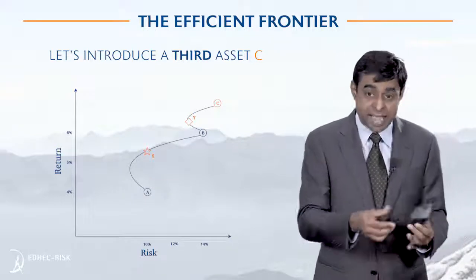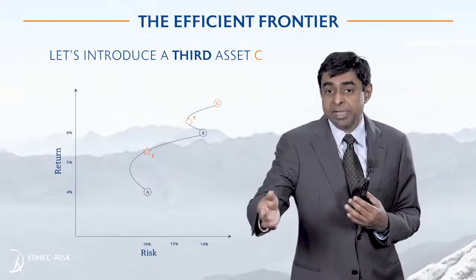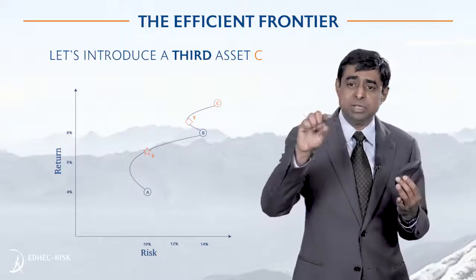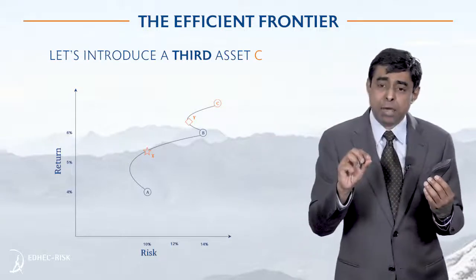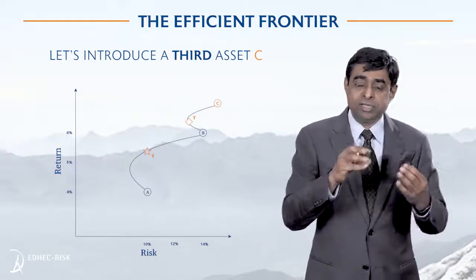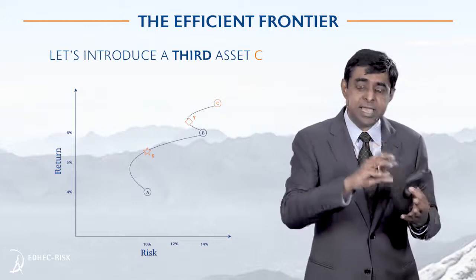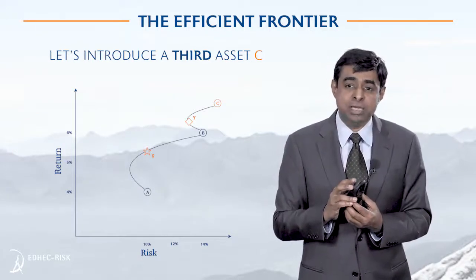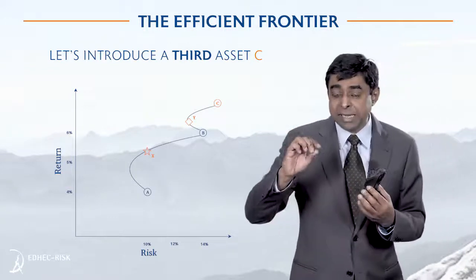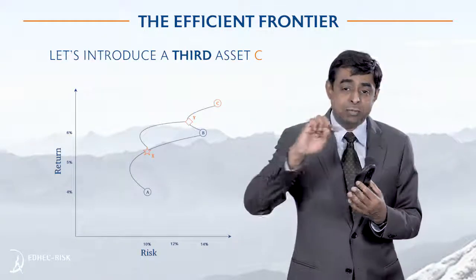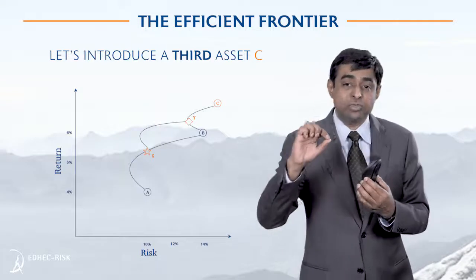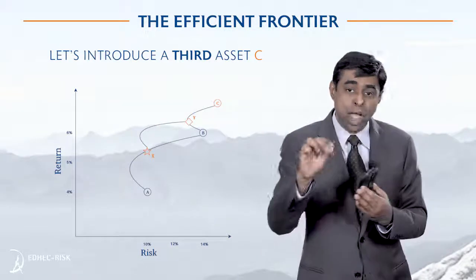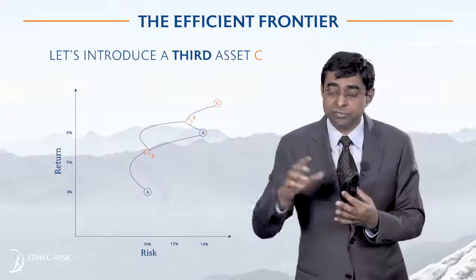I can put money in X, and I can put money in Y. As a result, just by introducing this second curve, I can now build a portfolio that consists of some weight in X and some weight in Y. And what that means is I can define a new curve that represents all the portfolios that I can build by allocating capital to X and to Y. So now I have this third curve.